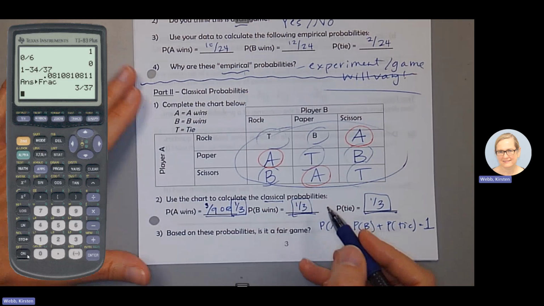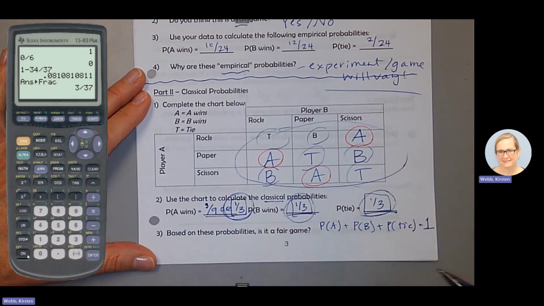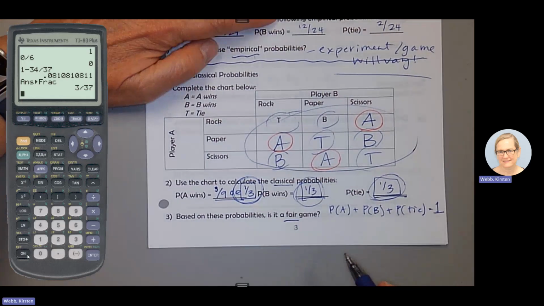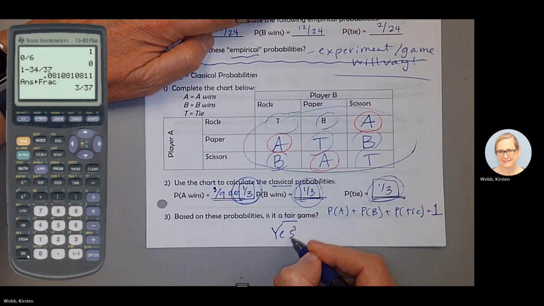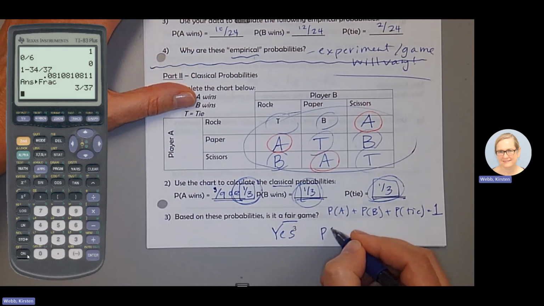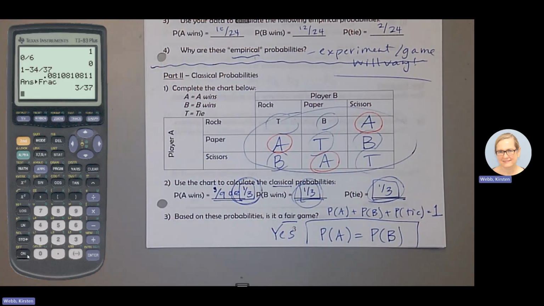Well, with the theoretical or classical probabilities here, what are we thinking about the fair game question now? We had lots of yeses before. The actual definition of a fair game is where each player has an equal chance of winning. So could we meet that criteria?